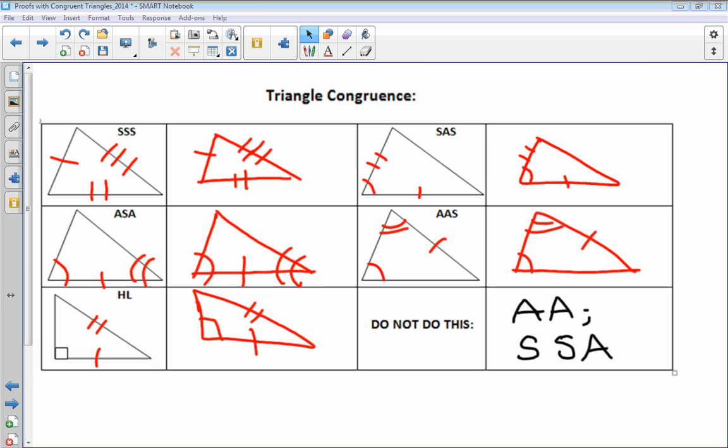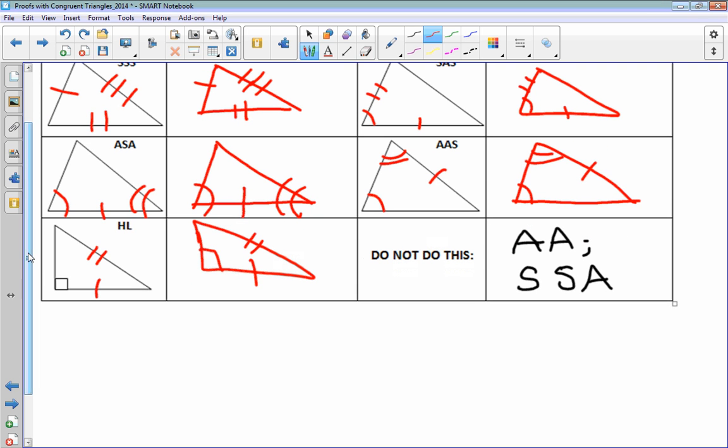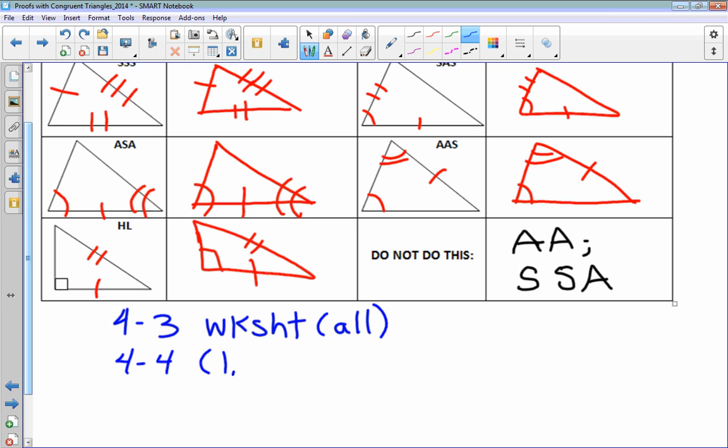So I'll go ahead and write your homework down here. Your homework is going to be the 4-3 worksheet, all. And then on the 4-4, you're only going to do 1 and 2 only, okay? So I do expect to see those proofs set up for me. And that's going to be your assignment for next class, okay? You have about 5 minutes now to go ahead and start working on it if you'd like.